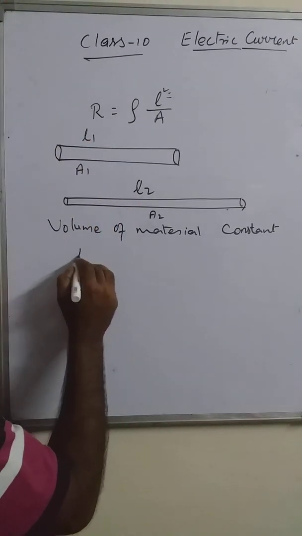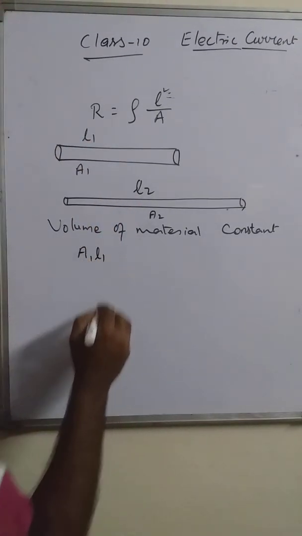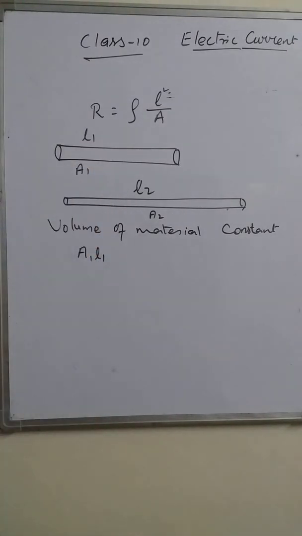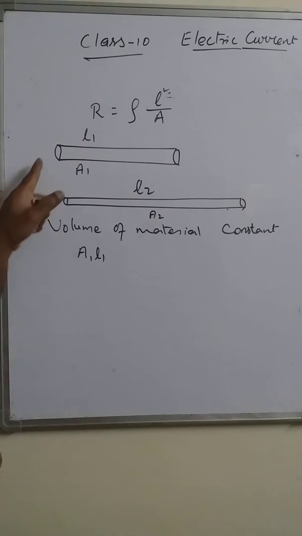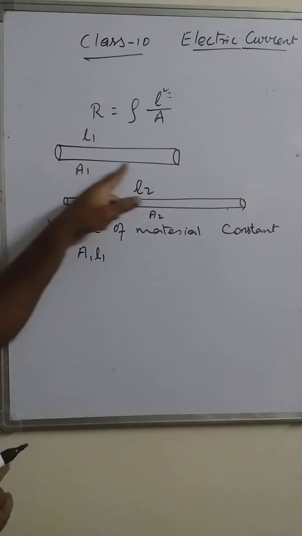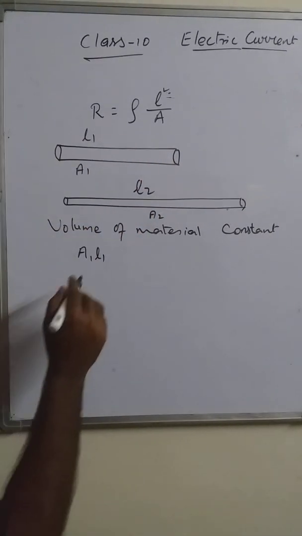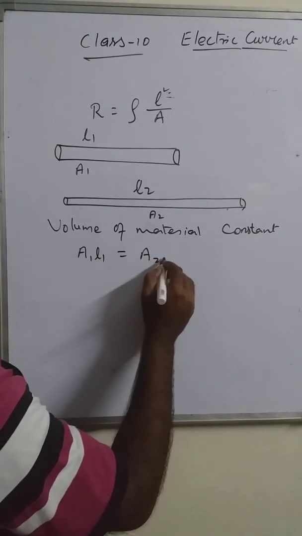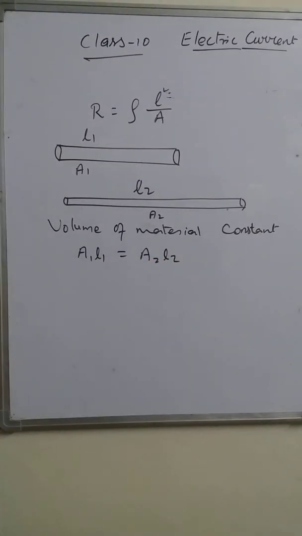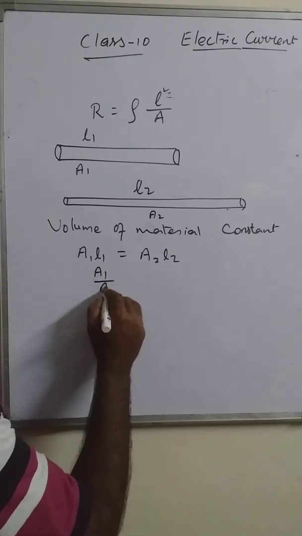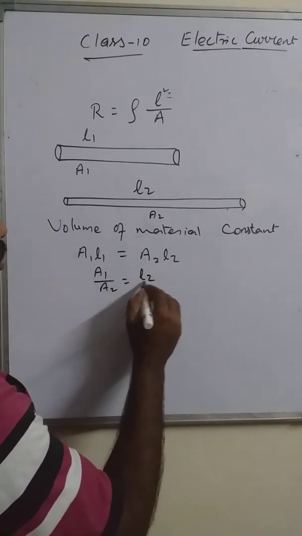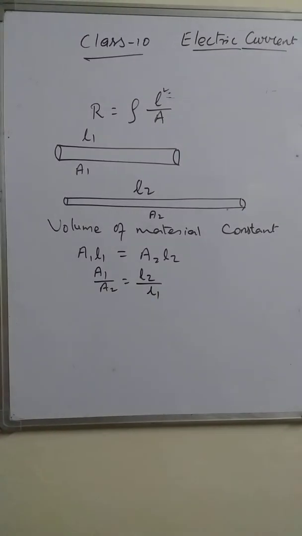Before stretching, its volume is A1L1. Since it is in the cylindrical shape, volume of cylinder is pi r square h, pi r square is area of cross section, and height is length. Then it is A2L2, right? So we have A1 upon A2 equal to L2 upon L1.